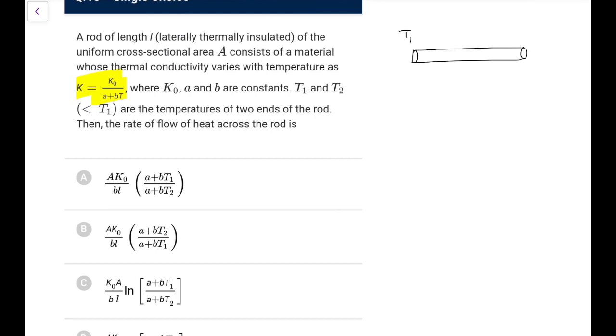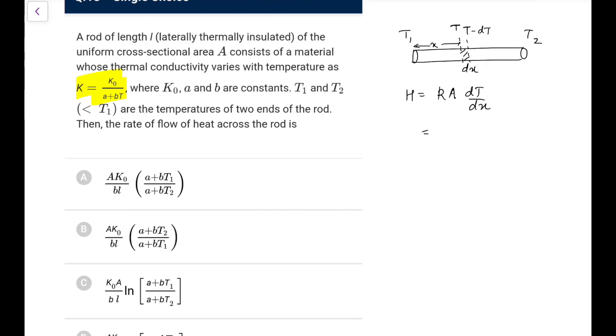Let's go to a distance x and take the temperature to be T, and let's say it falls by dT over a small dx. So the fall dT, or you can say H, would be equal to K dT/dx, and this is going to be constant throughout the rod.